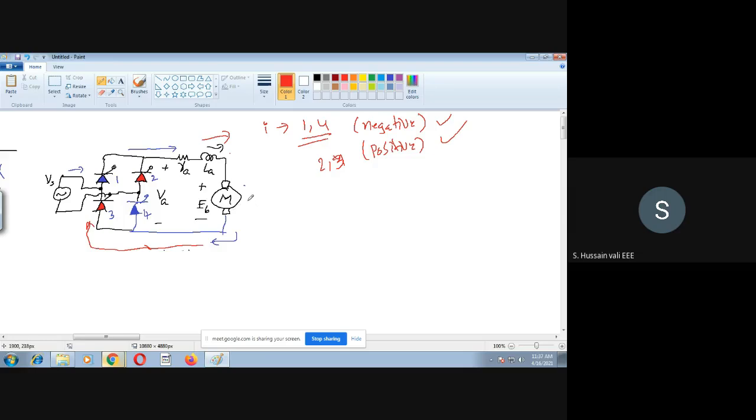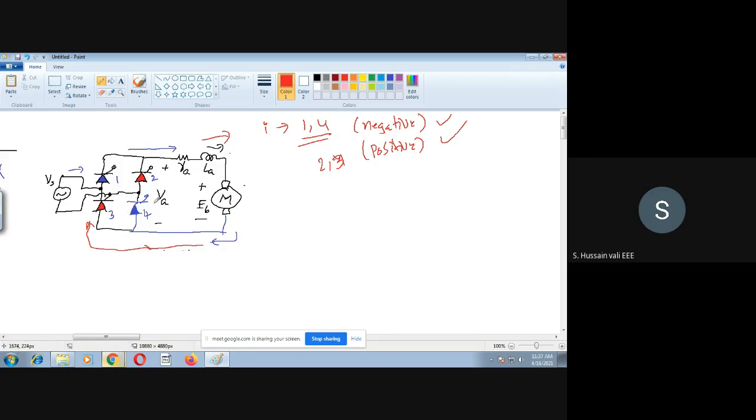So as the voltage across 2 and 3 is positive, the current prefers to take the path through 2 and 3, not through 1 and 4. So automatically the current which was flowing in 1 and 4 will take this diversion and flow through 2 and 3 as soon as you trigger 2 and 3.